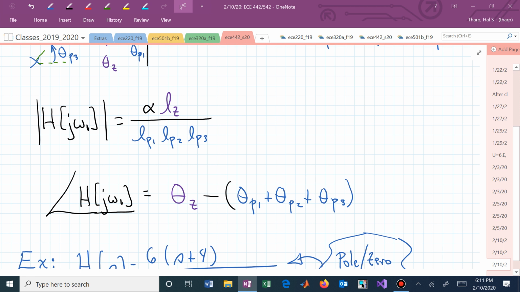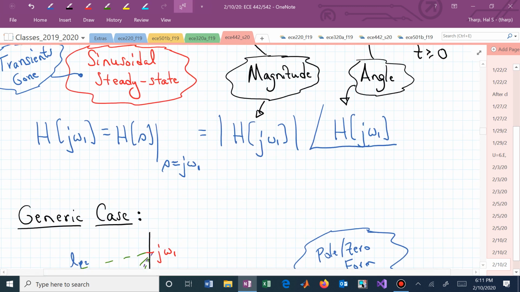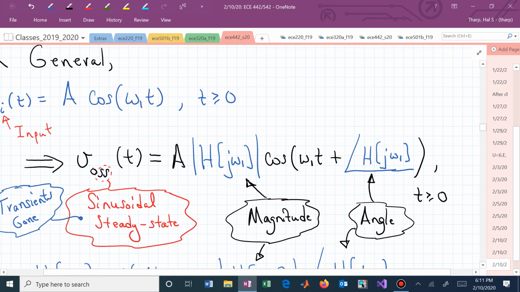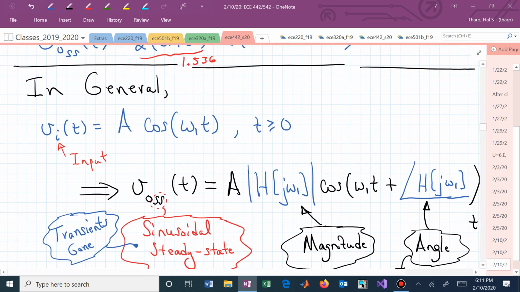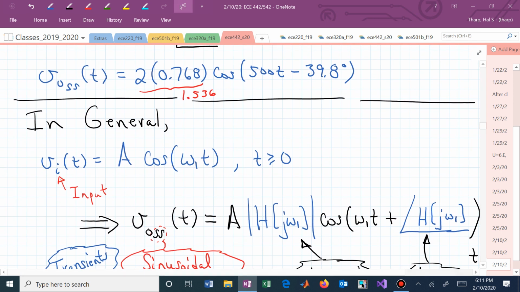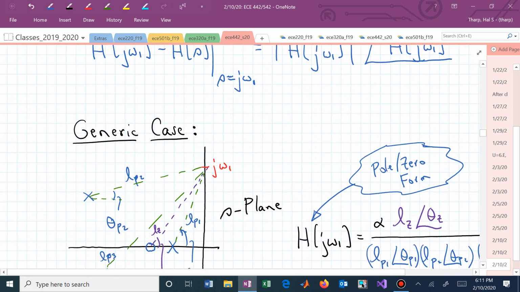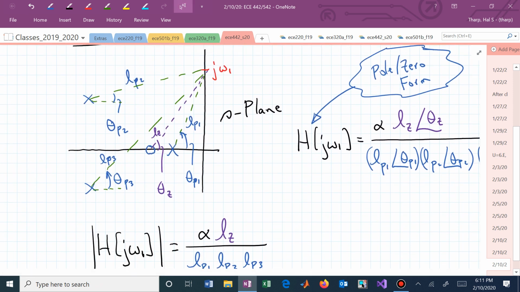Is H of j omega 1 supposed to equal like negative 180 or something? So now H of j omega 1, I'm not quite sure. H of j omega 1 is going to be whatever it is at the frequency omega 1. So the magnitude and the angle, if you now had, I think I know what you're getting at, maybe, for high values of frequency.